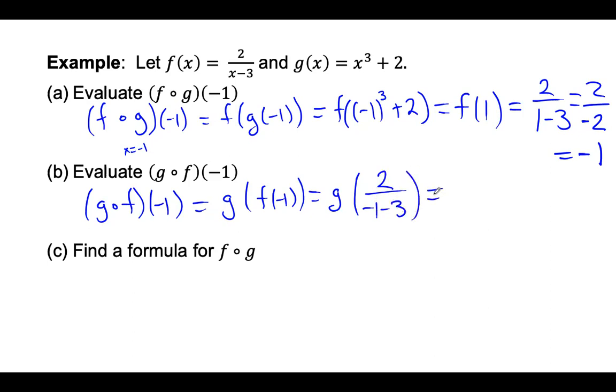Evaluate this: it is 2 over -4. This is G at -1/2. I think someone said that in the audience, right? -1/2.